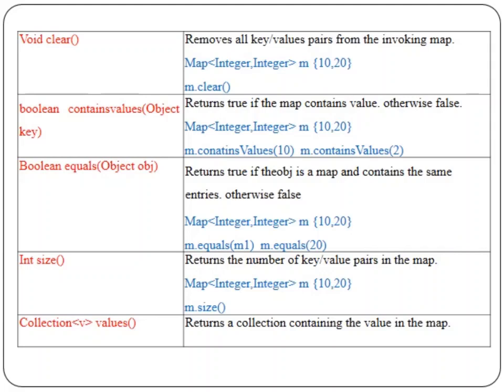Let us take one example: m which is having 10 and 20. Similarly, m1, which I have copied making use of the putAll method, has 10 and 20. Now it is going to check whether the elements available in m1 are equal to m or not. If both the elements are equal, then the method is going to return true. So here I am making use of m.equals, but here we are having 10 and 20. So in that case the method should return false.